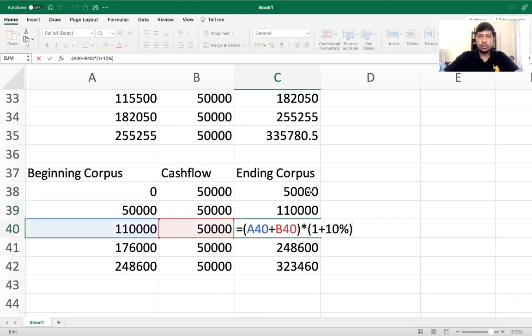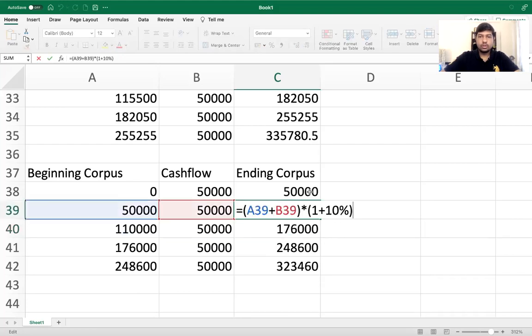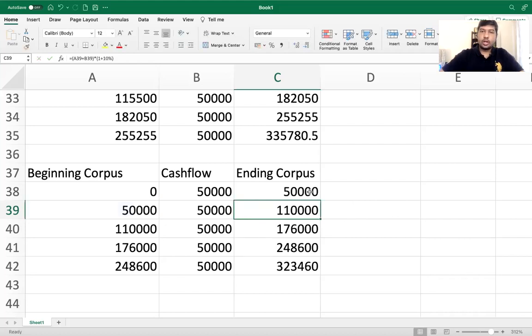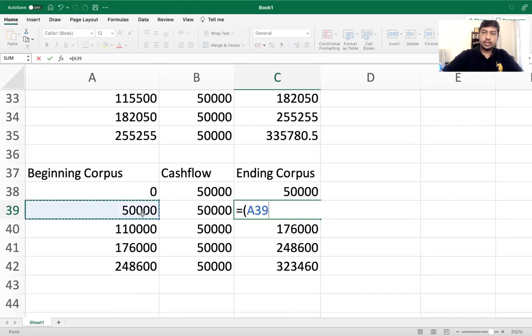Let me just see what went wrong. Okay. So now I understood. So what has gone wrong is only this is earning return. So bracket open, this plus, sorry, this into 1 plus 10%. Okay. Plus 50,000.